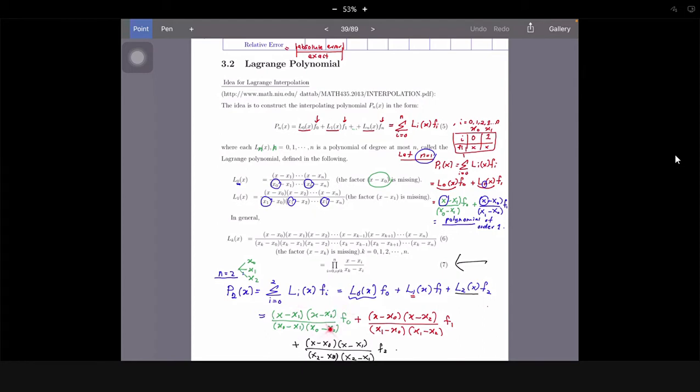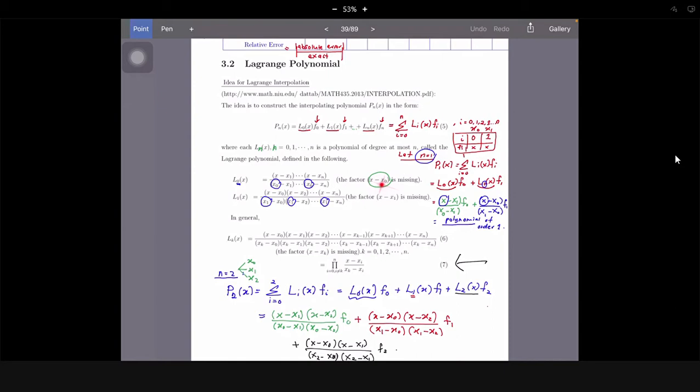Okay. So yang ni pun rasa jelas. Maksudnya kat sini kena penting the factor of X minus X0 is missing. Tapi kalau jika diberi X0 in the factor, okay, maksudnya X naught not missing, kita akan tak dapat jawapan sebab you akan dapat the denominator dia adalah 0.